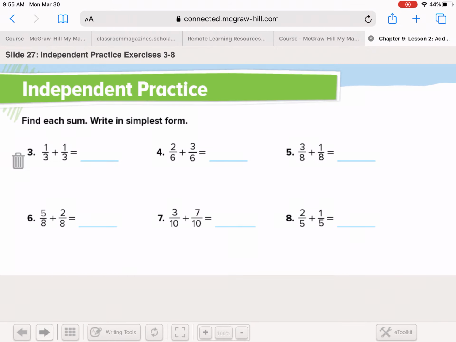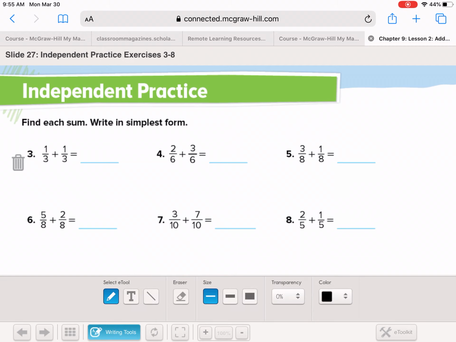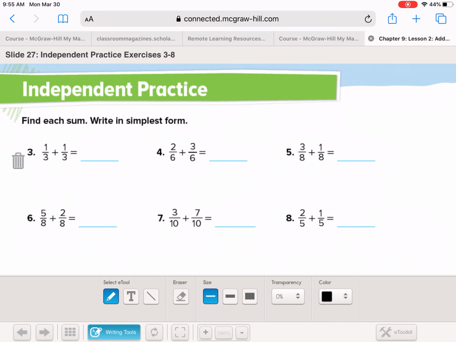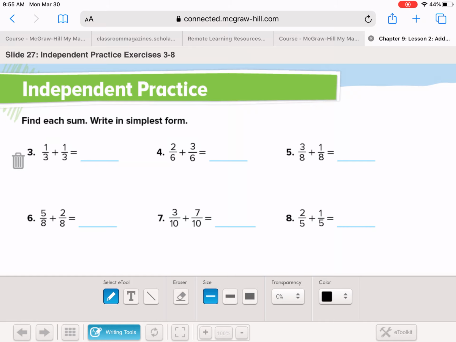Okay, here's your independent practice. Remember what they said here. Write it in simplest form.